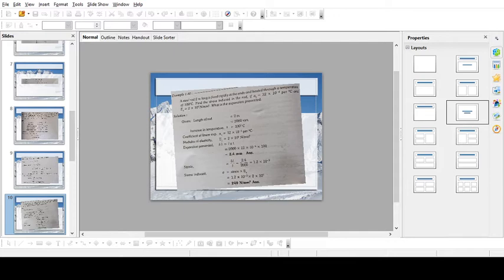Now, what is the expansion prevented? Given that the length of the rod is 2 meters, fixed rigidly at both the ends and heated to a temperature of 100 degrees centigrade. The length of the rod is 2 meters, so it can be written as 2000 mm, and the increase in the temperature is 100.